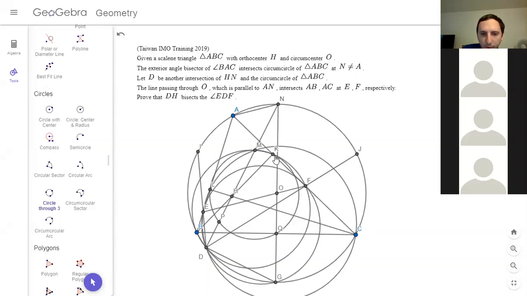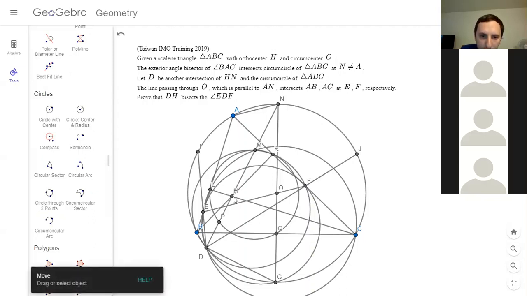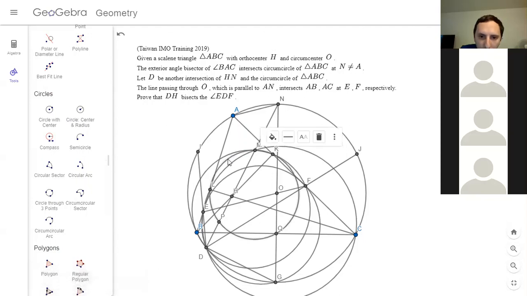And we also know that F, wait, let me think about this. So DLMK, I forgot what I was doing here.